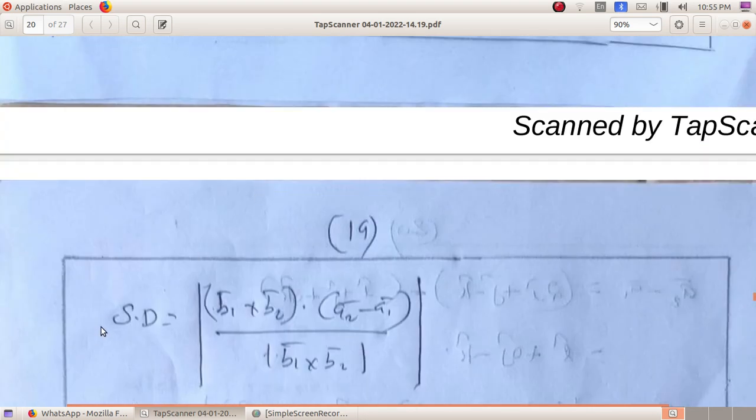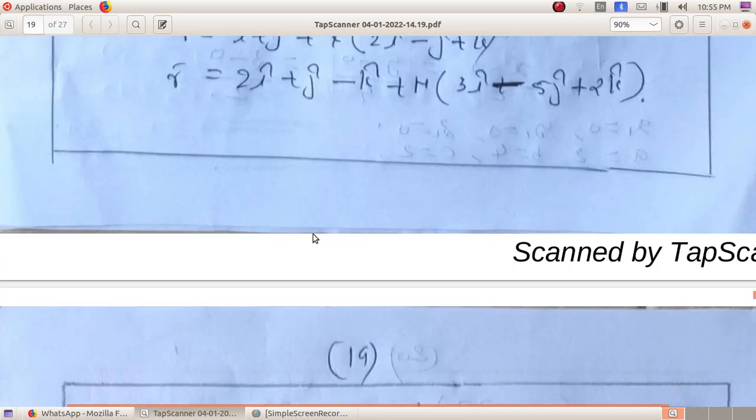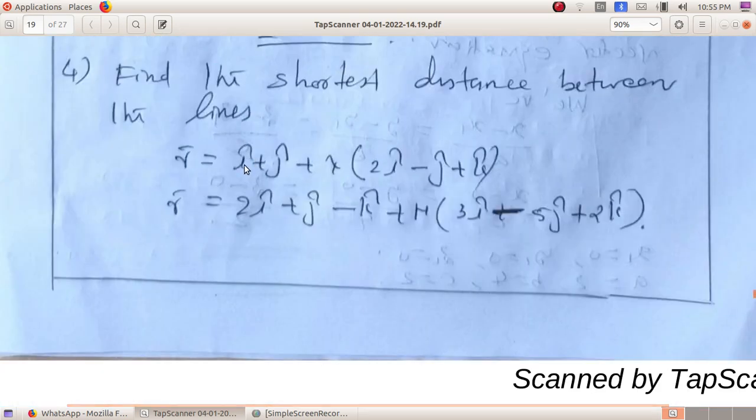So here we have the formula: shortest distance is equal to modulus of b1 cross b2 dot a2 minus a1, divided by modulus of b1 cross b2. This is the formula. What is a1 and a2? This is a1, i plus j plus 0k. a2, 2i plus j minus k. b1, 2i minus j plus k. b2, 3i minus 5j plus 2k.